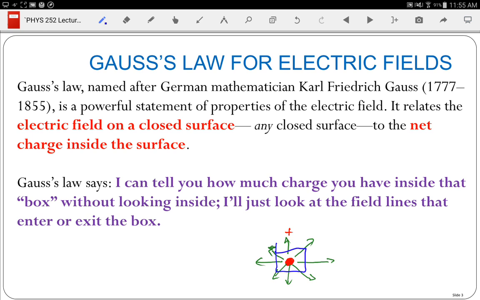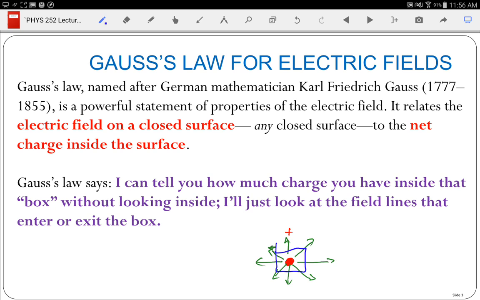Now this is a two-dimensional picture, but of course, to be careful, you really need to do it three-dimensionally. That is, you have to make a three-dimensional shape. You measure all of the electric field lines that come out of that three-dimensional shape, and that has to tell you, based on the arbitrary constant you used, how much charge was inside. So that's his basic idea. If I measure how many lines come out, I know how much charge is inside.